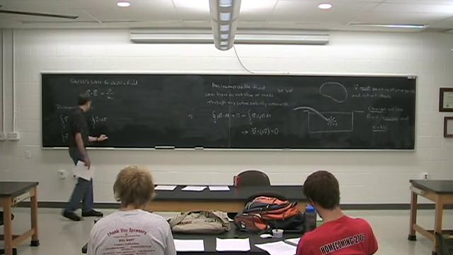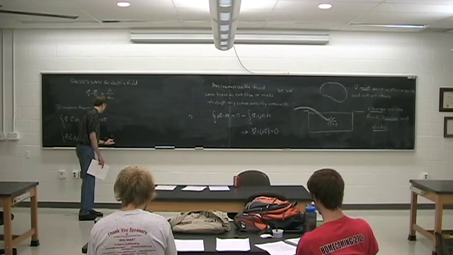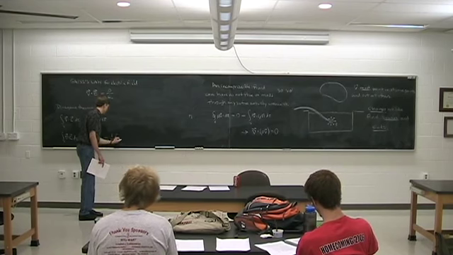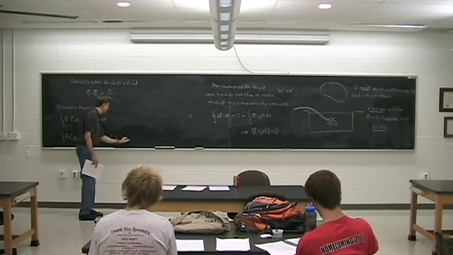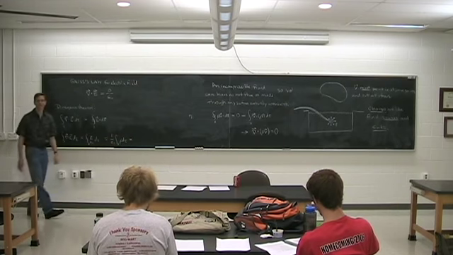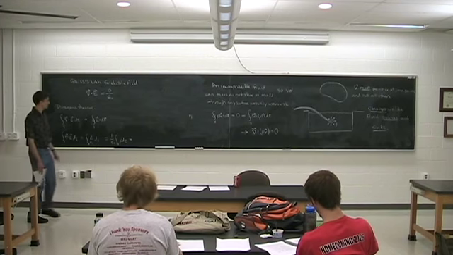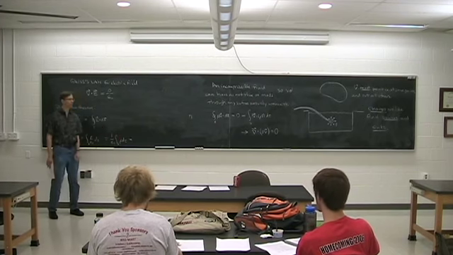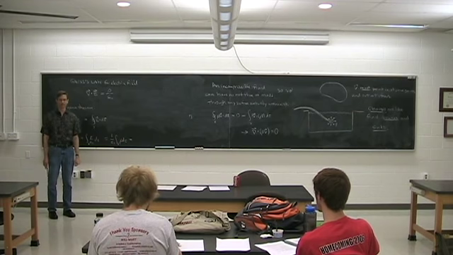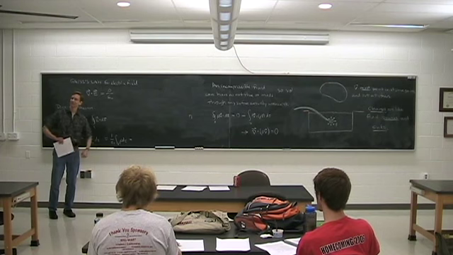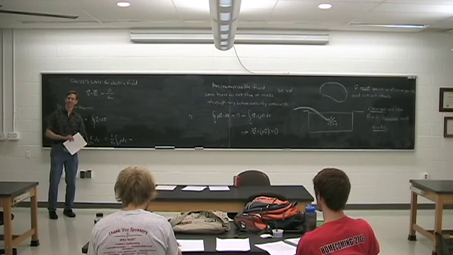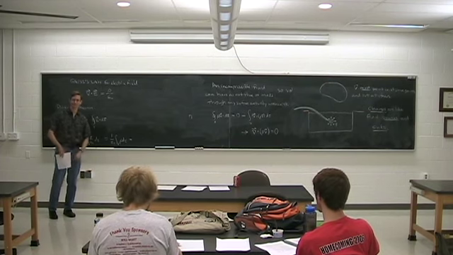Epsilon naught's a constant and pulls out of the integral. So I integrate the charge density over the volume, thereby giving me what? If I add up density times volume over the whole volume, I get the charge enclosed.